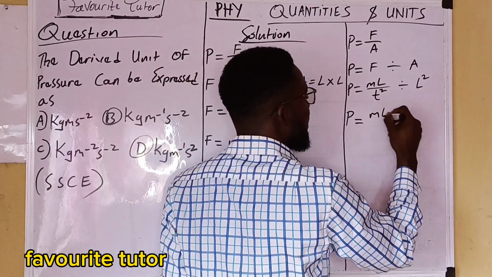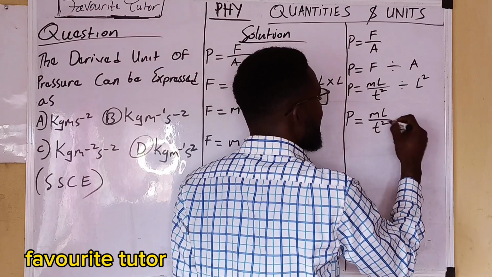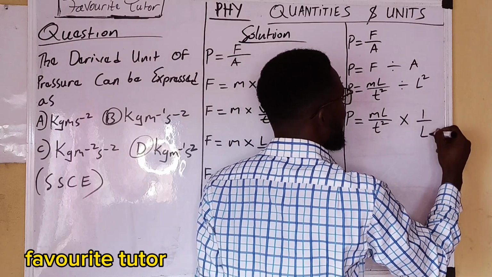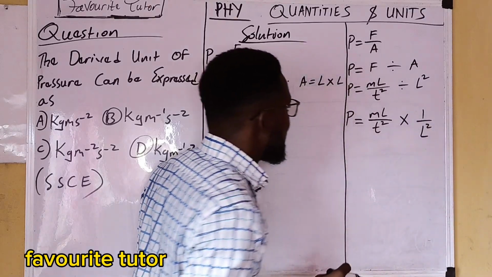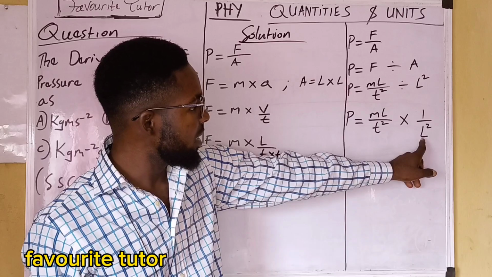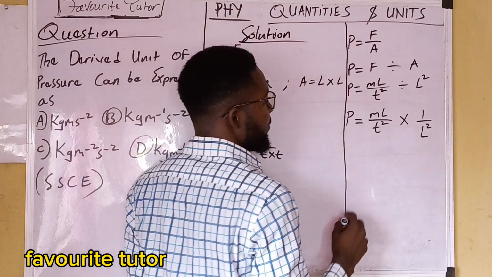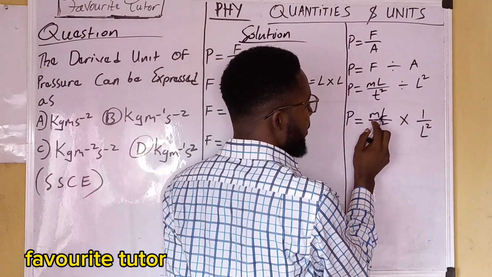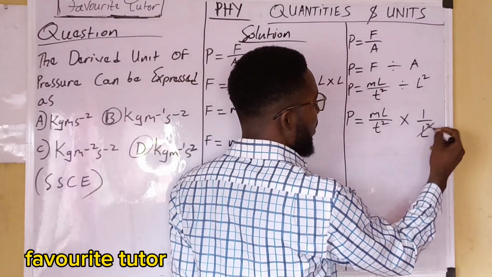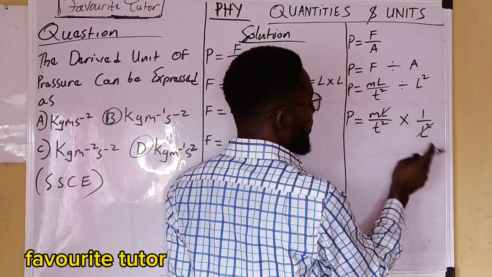So therefore the pressure is equal to, we change this sign to multiplication: mass length over time square times 1 over length square. We change towards multiplication. The divider will take the inverse. So therefore, you can see that we have length here, length here, we cancel out.